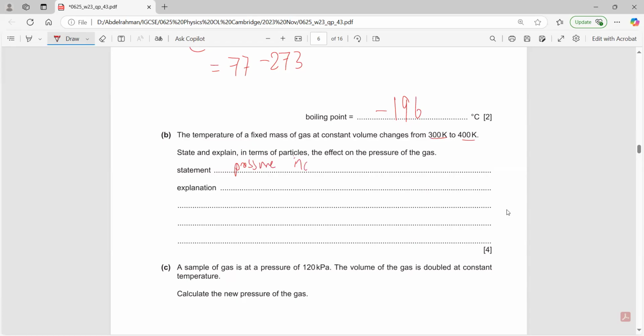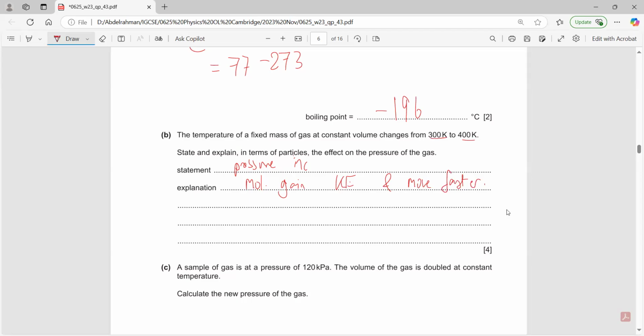In terms of molecules, they gain kinetic energy, so they move faster. Let's write it down. So molecules gain kinetic energy and move faster. When they move faster, what happens?